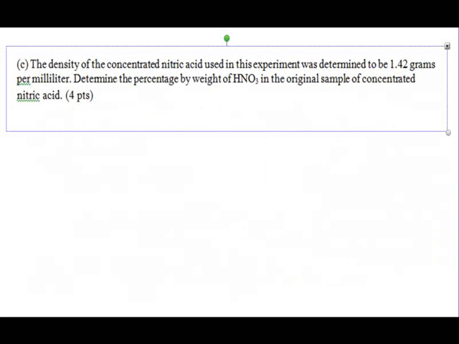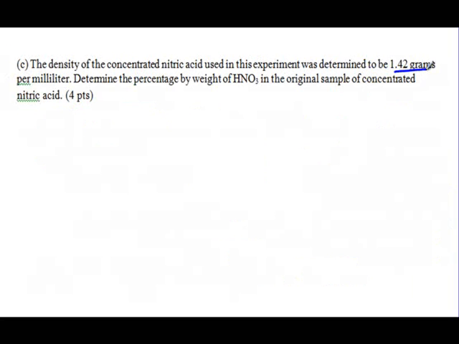Now part C says the density of the concentrated nitric used in the experiment has this many grams per milliliter. Determine the percent by weight of nitric acid in a sample of concentrated nitric acid.